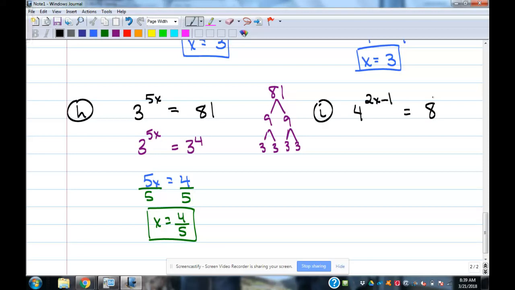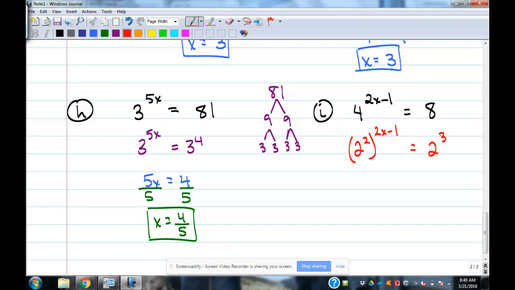So here we have to think a little bit more, because 8 is 4 times 2, not 4 squared. Yeah, we can break both of them down to 2s, right? Because we know that 4 is 2 squared and 8 is 2 to the third power. So this is 2 squared to the 2x minus 1, and this is 2 to the third.